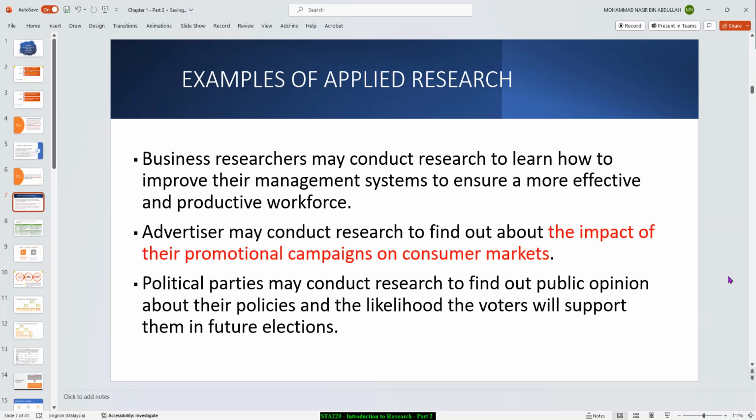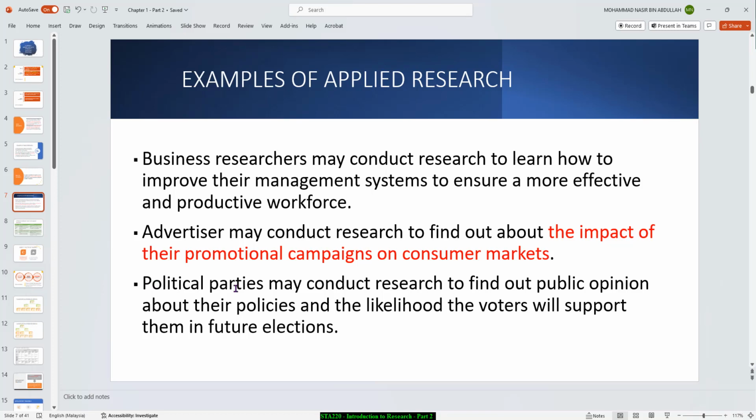Right, so kita ni advertiser boleh conduct research untuk tahu dia punya impact of doing promotional campaign. Right, so kalau dia buat promotion 50% discount contoh, adakah menarik consumer untuk membeli dia punya goods kan.